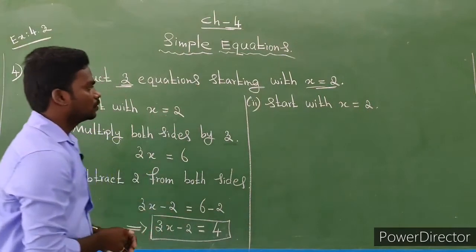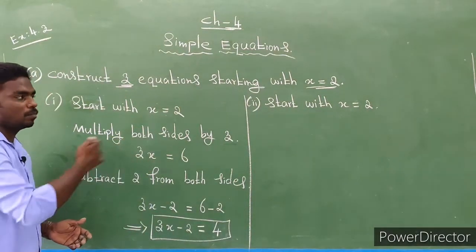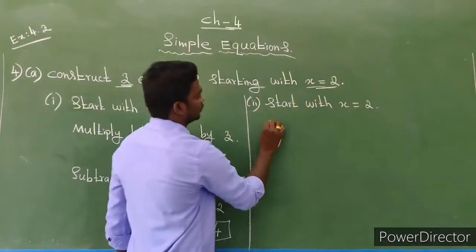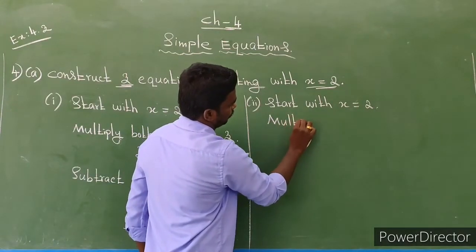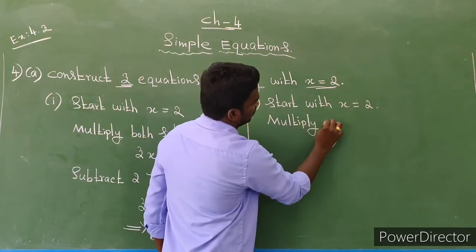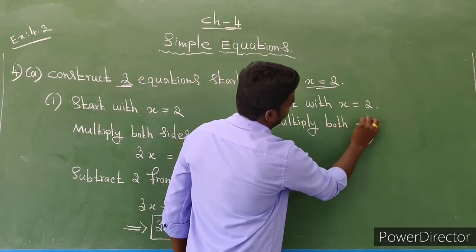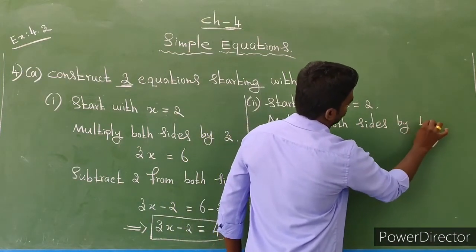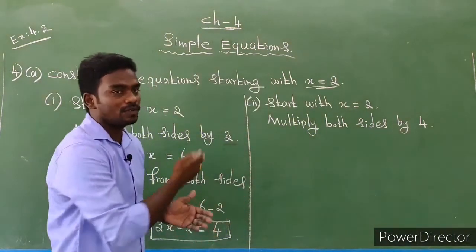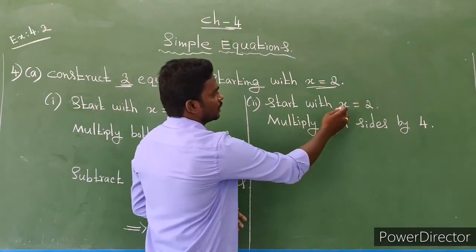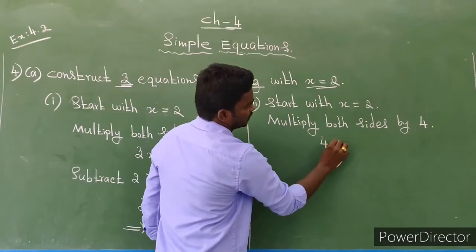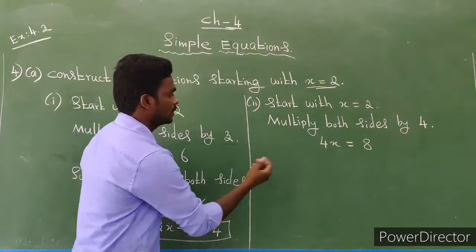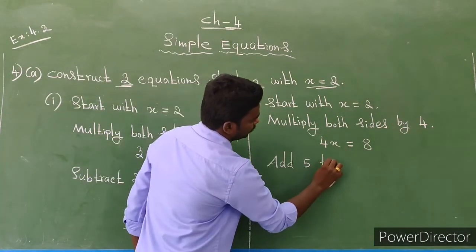We can multiply both sides by any number, so now we multiply both sides by 4. So we get 4x, which is equal to the right side, 2 into 4, which is 8.